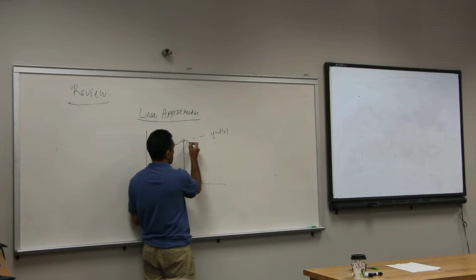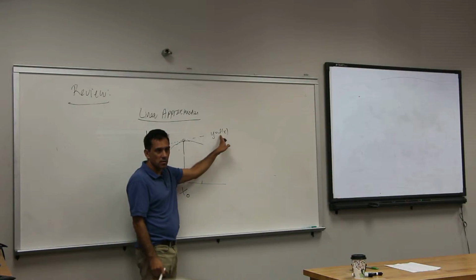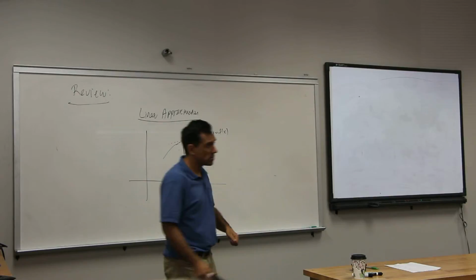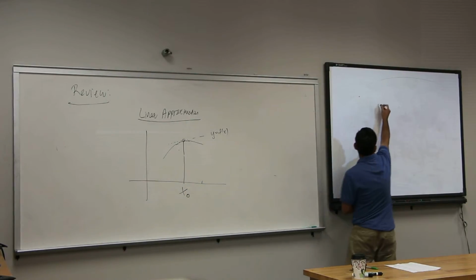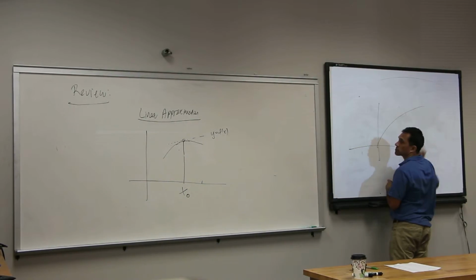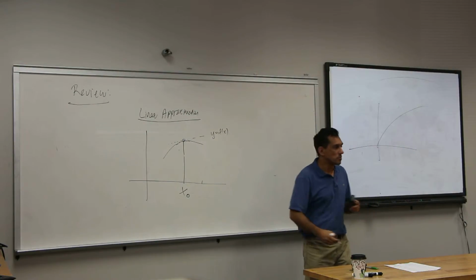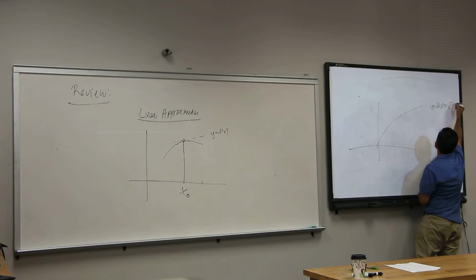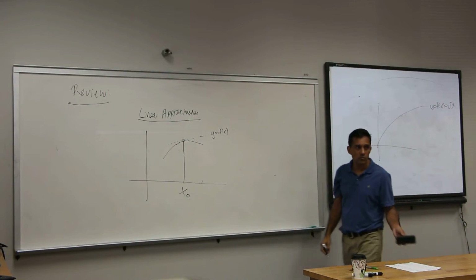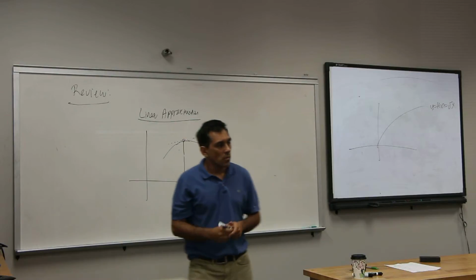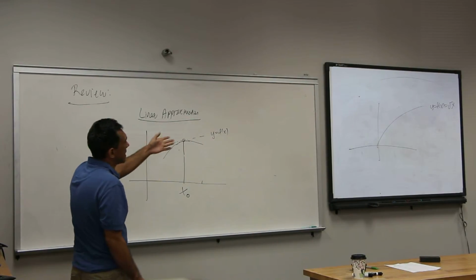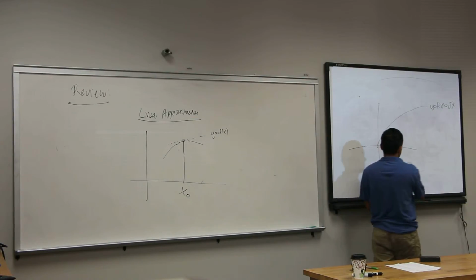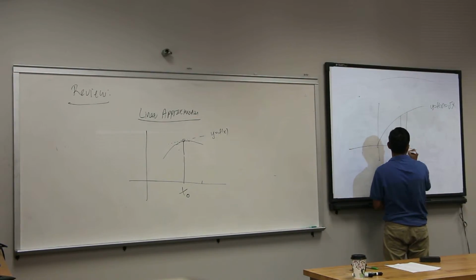Now, this thing here is given. Your function y equals square root x, quite nonlinear. And you will want to say, well, now, for example, you would have to use this line to find this thing here.